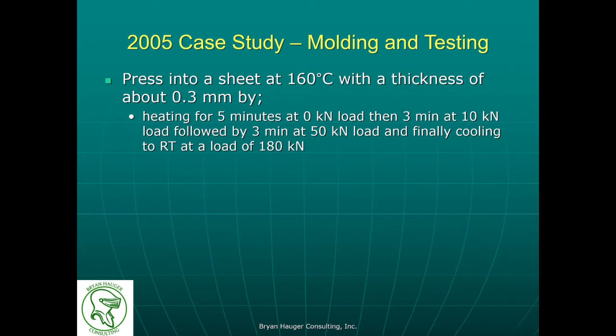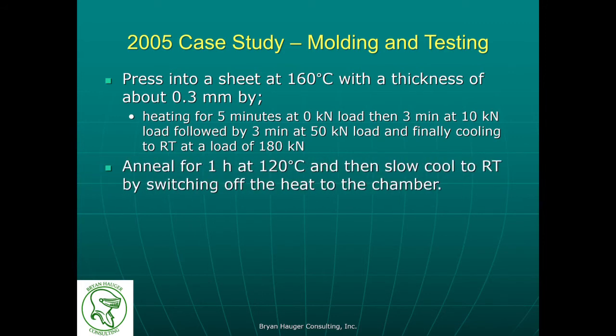This slide shows the 2005 publication details. Many of those details are similar but not identical to the ISO 18488 test method. For example, in the 2005 study, they compression molded polyethylene pellets into a thin sheet at 160 Celsius, while in ISO 18488 they use 180 degrees Celsius.